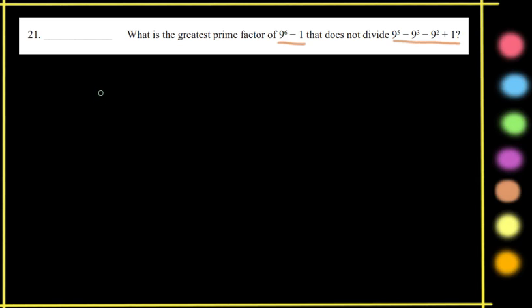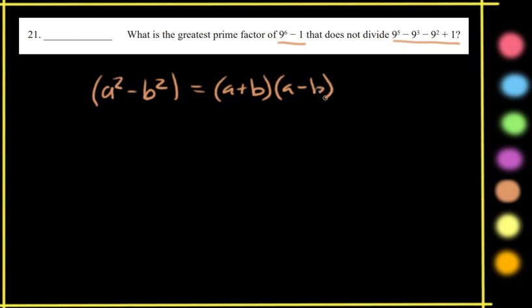So a squared minus b squared is equal to a plus b times a minus b. We have 9 cubed plus 1 times 9 cubed minus 1.